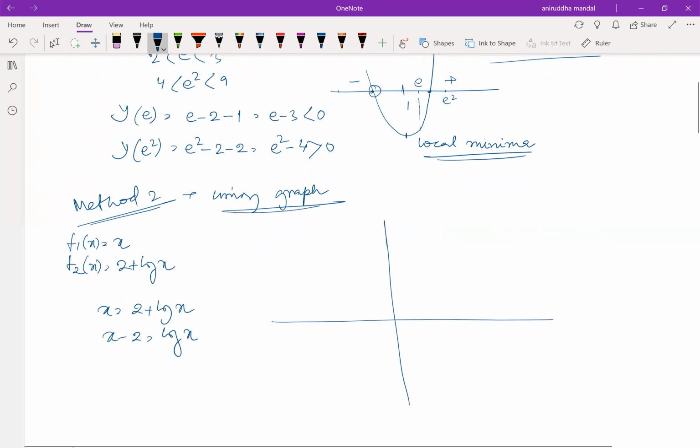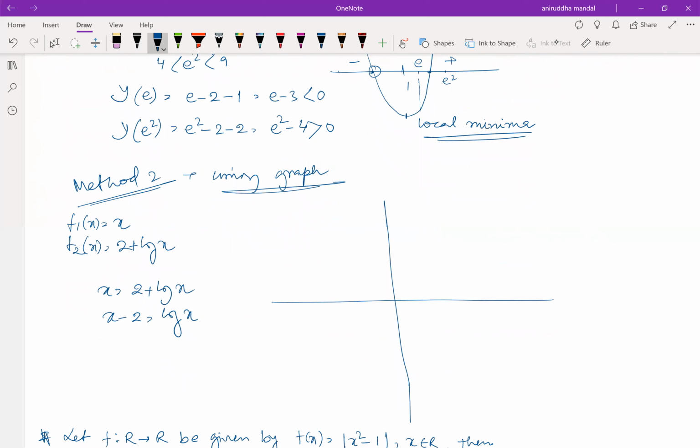So what we can do here is plot these two. One is the line x minus 2, a straight line passing through the point 2 on the x-axis with a positive slope, and another is log x.